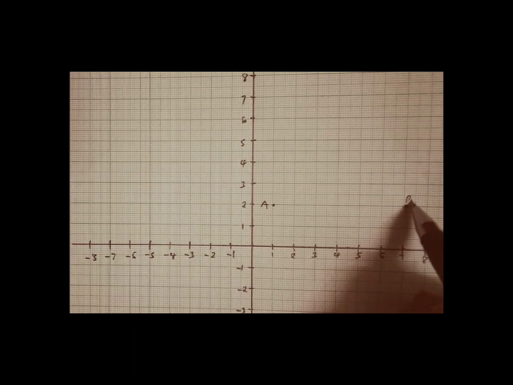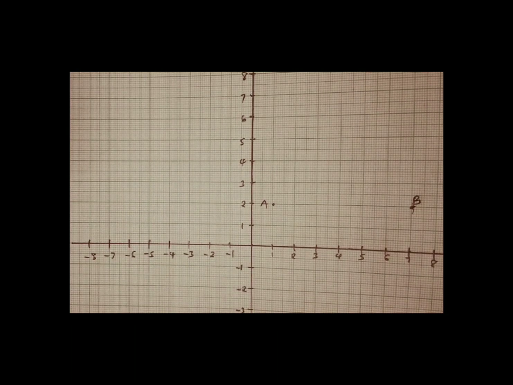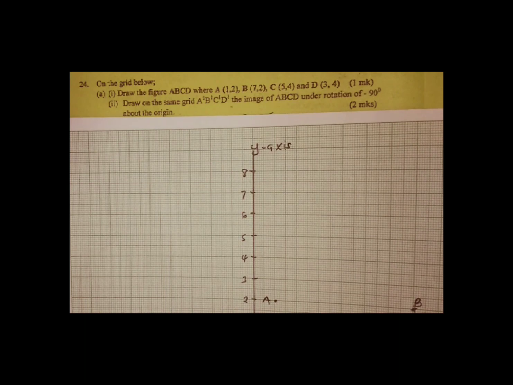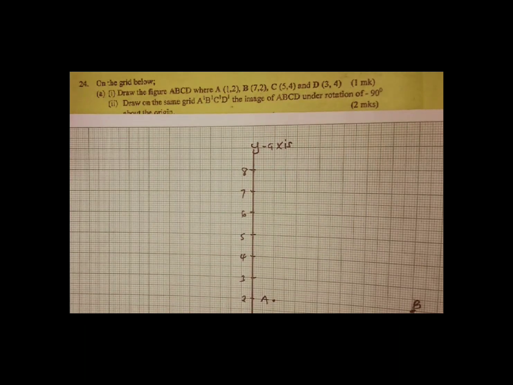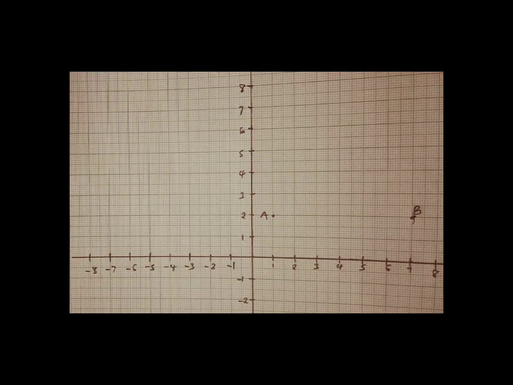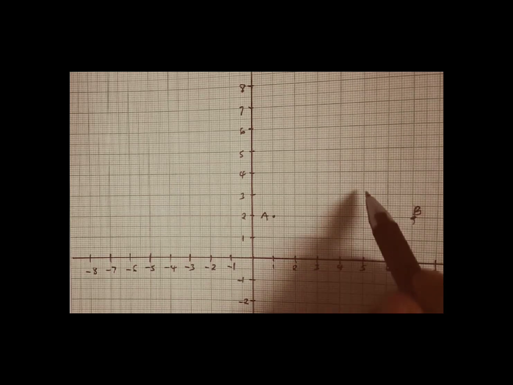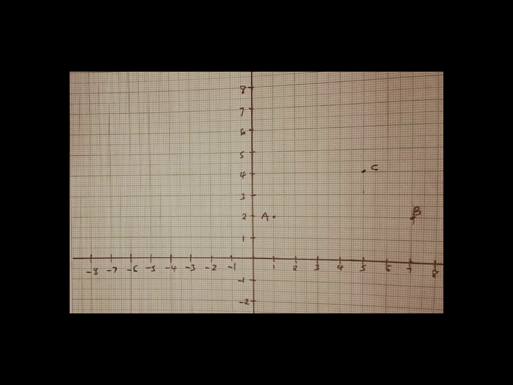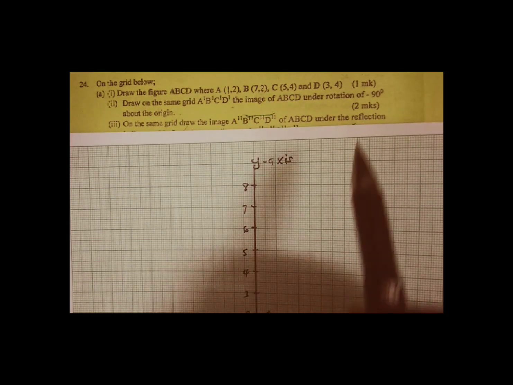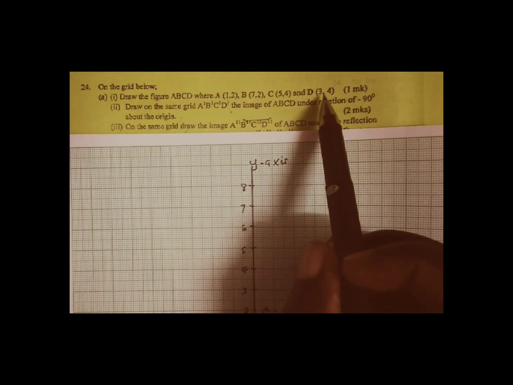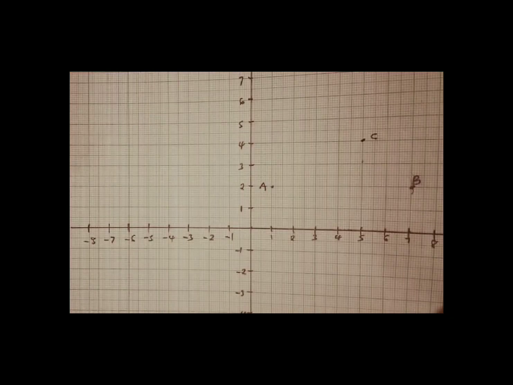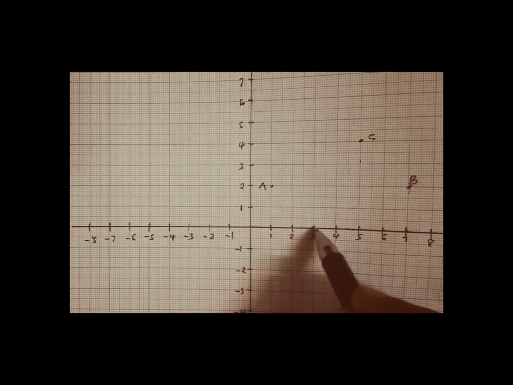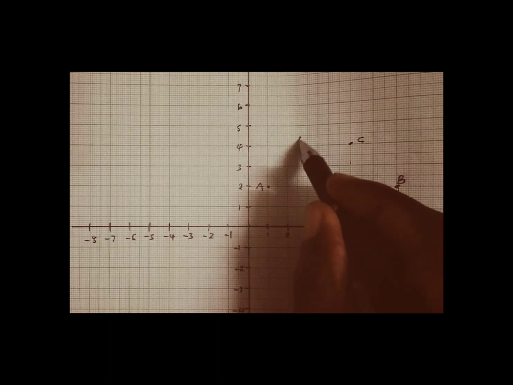This is our B. Then we have C with coordinates 5, 4. This is our C. Then of course we have D with coordinates 3, 4.